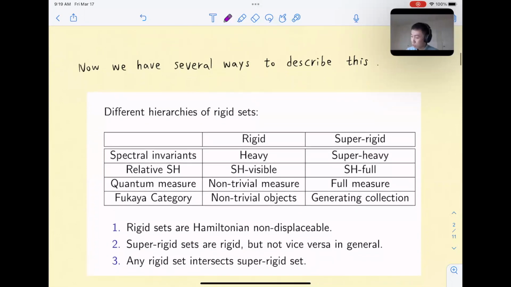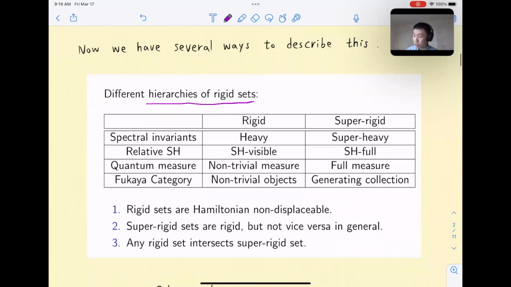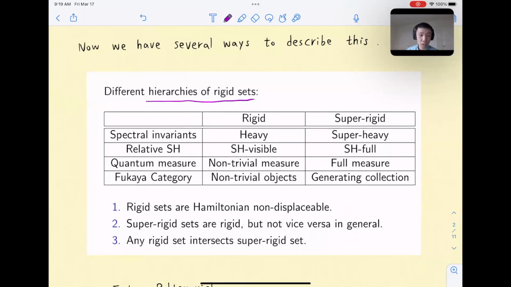According to Entov-Polterovich, this is called the hierarchies of rigid sets. Here I list four types of languages to describe those phenomena, and I will not define all of those notions precisely, but only touch upon some of them.